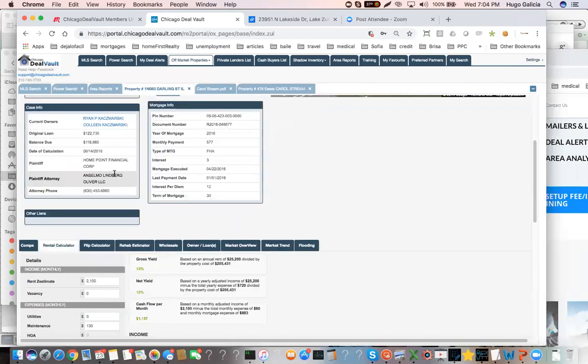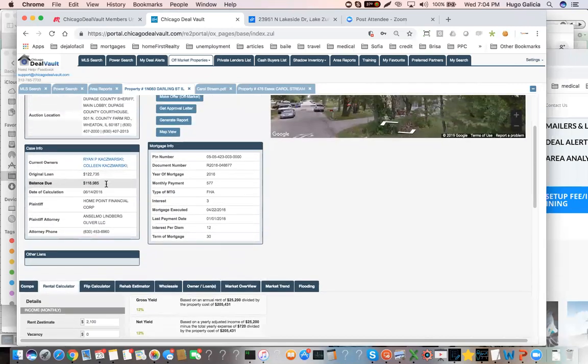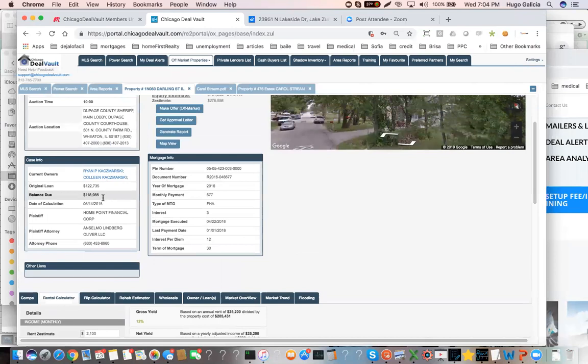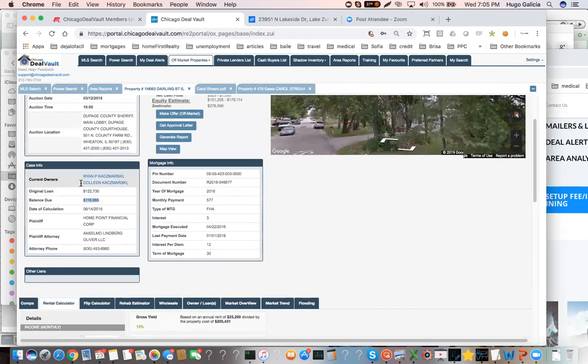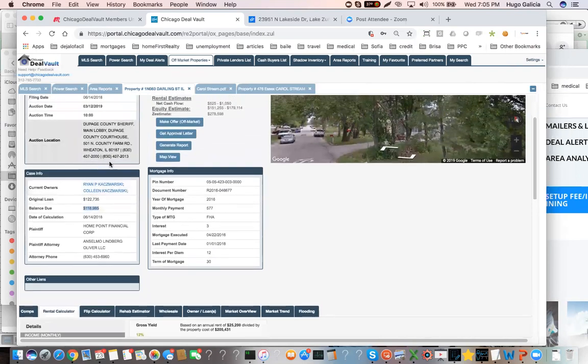Okay, and then how much are we going to buy the property for? Here's the biggest point that I'm going to make. The owner owes $118,000. So you've got to pay this fee, plus you've got to give the Ryan relocation package for them to move out and settle somewhere else, because in about 45 days, Ryan and Colleen are going to lose the home, the equity, everything.